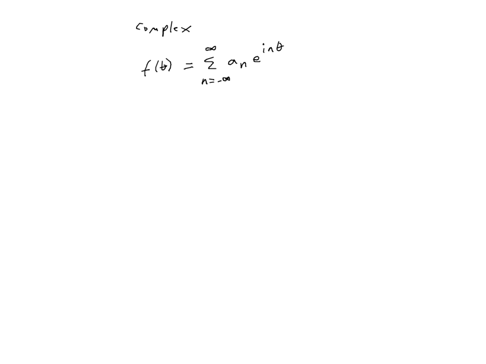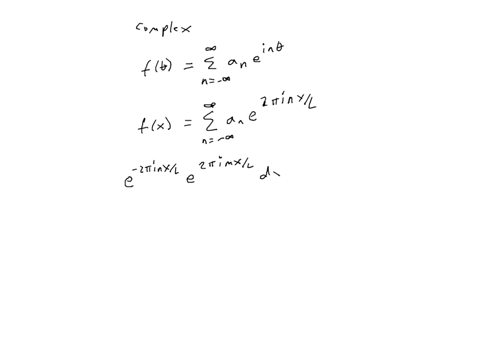And so what happens is you can also write this in terms of your x, with the 2 pi i n x over L. And you can do things with this, like if you take your exponential term and you multiply it by its complex conjugate, and let's say I integrate it from 0 to L, the result of that is going to come out as L delta m n.